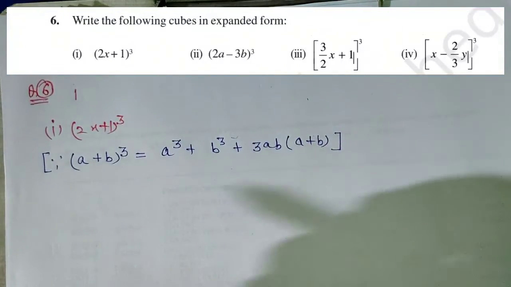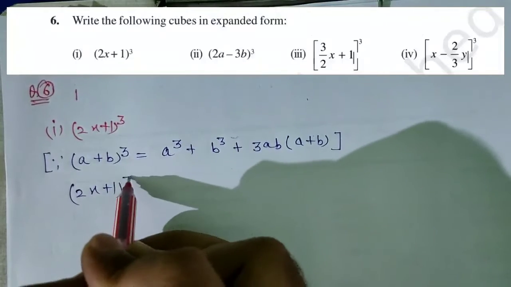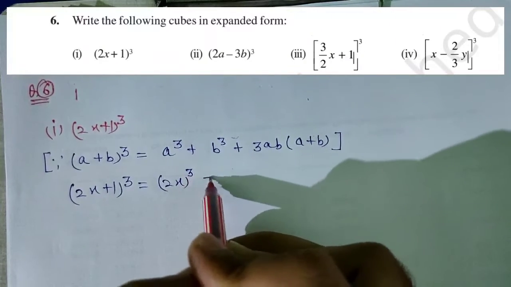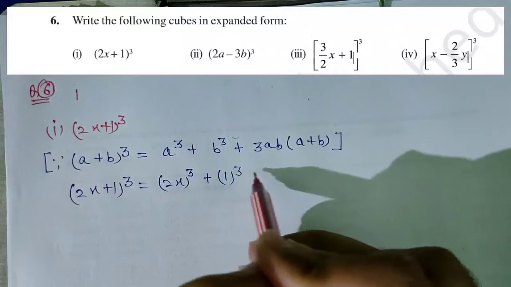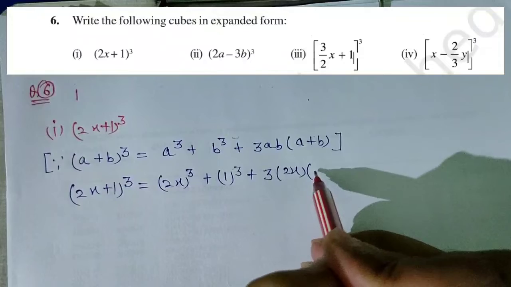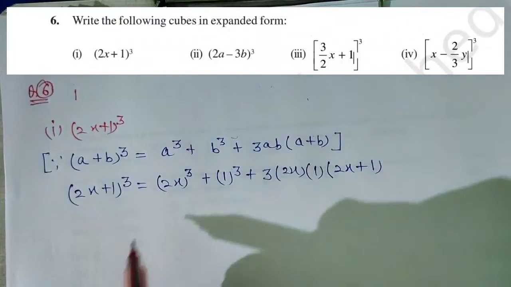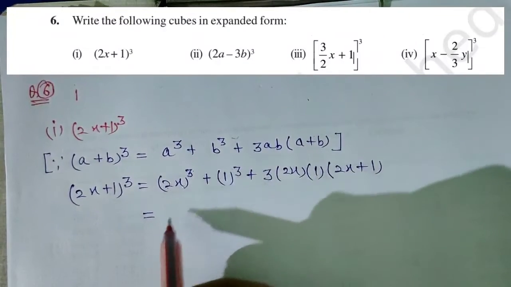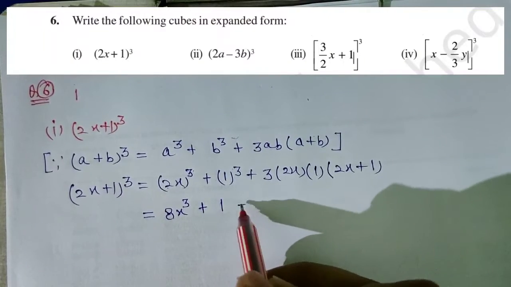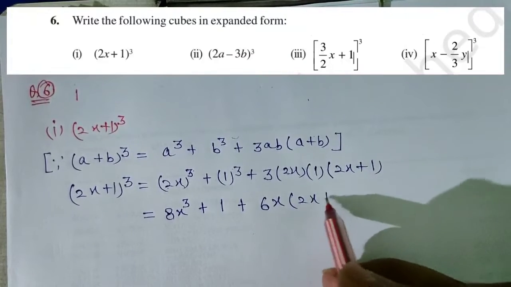Now using this identity we can write 2x plus 1 whole power 3 as 2x power 3, plus 1 power 3, plus 3 the first term and the second term, and first term plus second term. 2x whole cube is 8x cube plus 1, 3 2s are 6x, 2x plus 1.